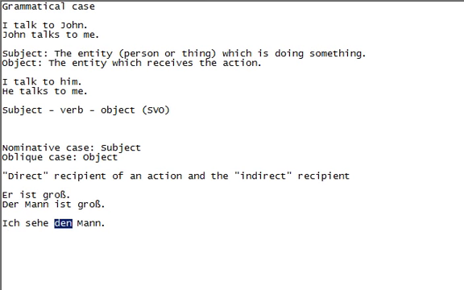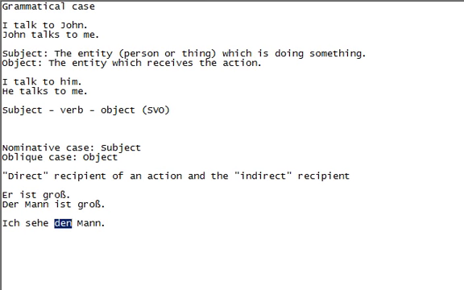And den also means "the." But why are we using den instead of der? Because now this is the accusative case.